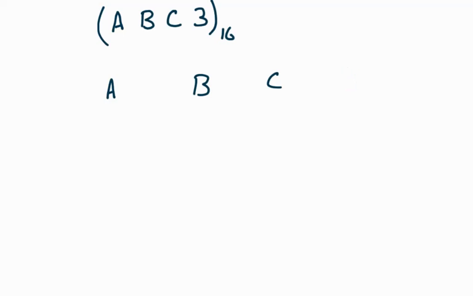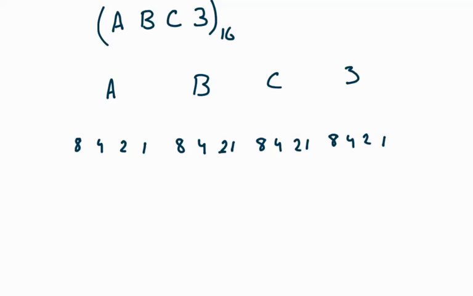Okay, so I want you to write these numbers under each of the characters: 1, 2, 4, 8, 1, 2, 4, 8, 1, 2, 4, 8, 1, 2, 4, 8.